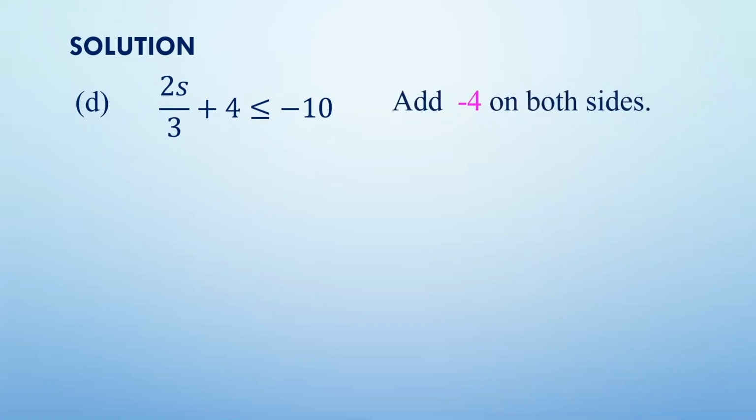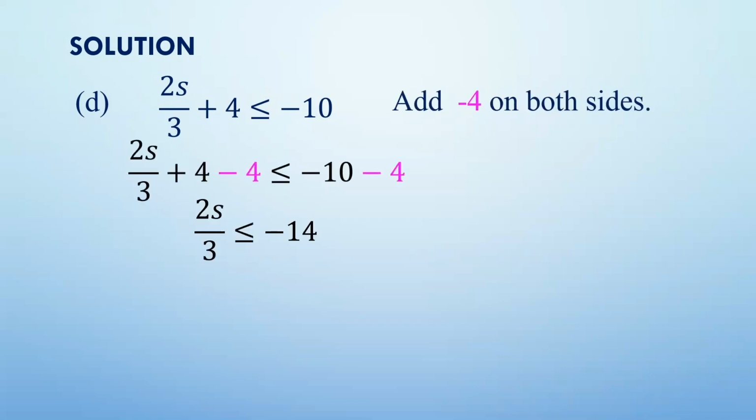Part D, 2s over 3 plus 4 less than or equal to negative 10. So first I need to eliminate 4. To cancel 4, I add the additive inverse of 4 on both sides. That is, I add negative 4 on both sides.